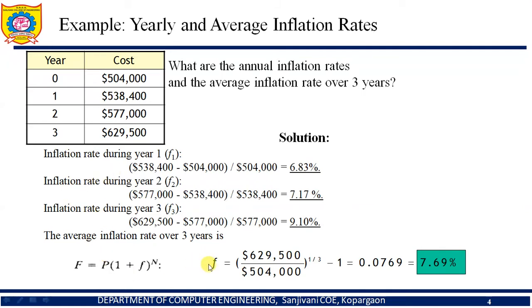After solving this equation, we will get the value of small f, the average inflation rate, equal to 7.69%. That is, 7.69% is the average increase in the price of the product in each year from year 1 to 3.